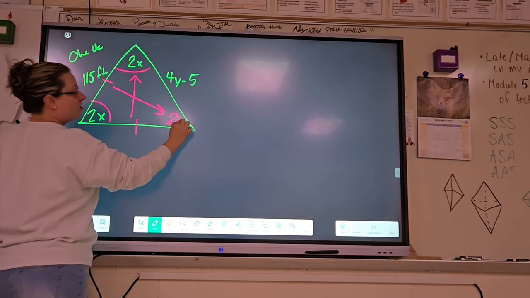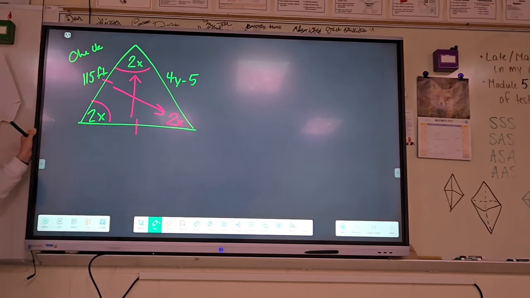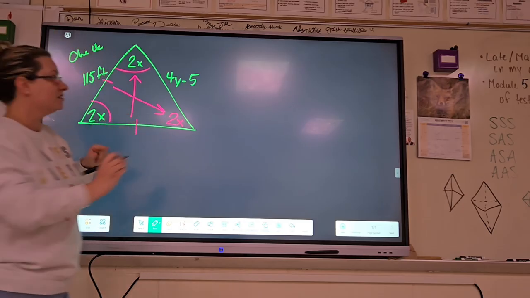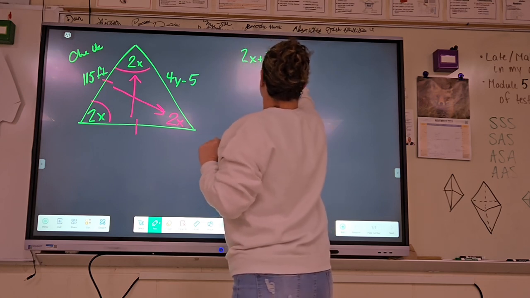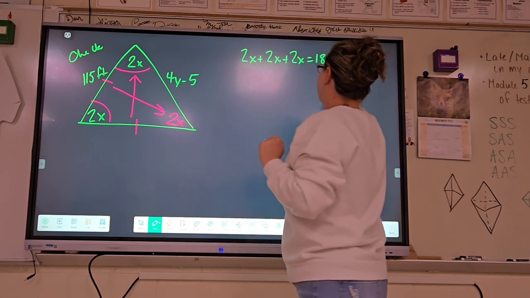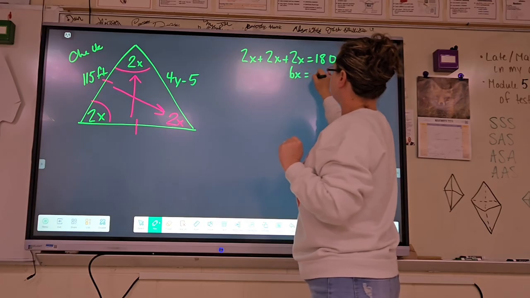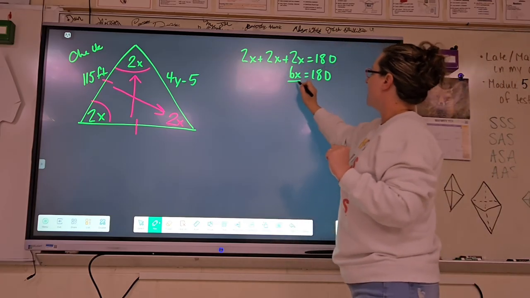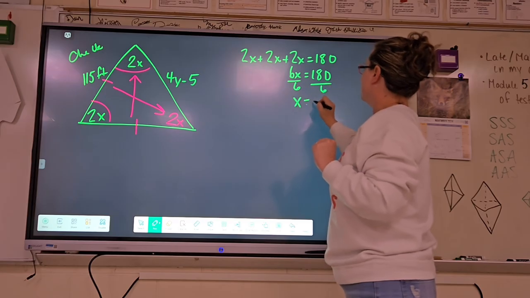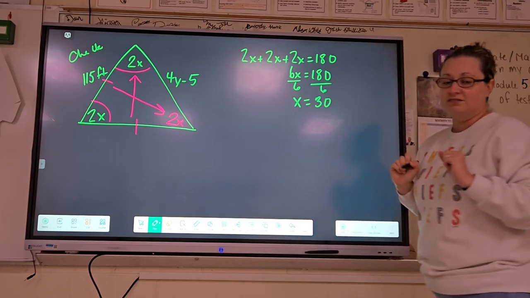So I know that this angle also has to be 2x. So when I go to solve for x, I'm going to have 2x plus 2x plus 2x. This is just one way to do it. Equals 180. Combine your like terms. 6x equals 180. Divide by 6. And x equals 30.